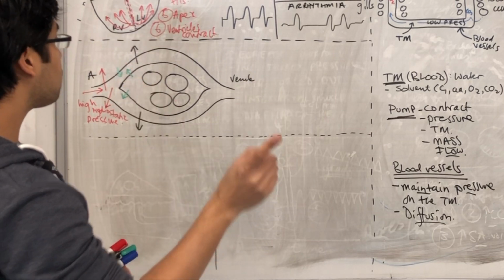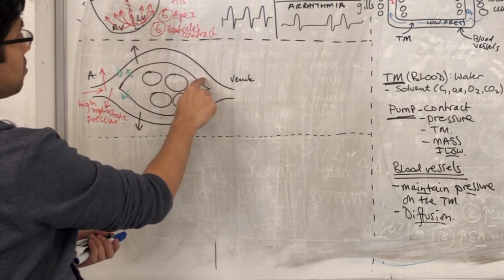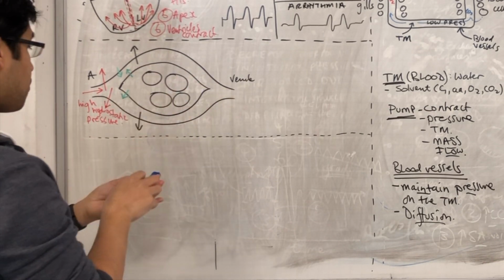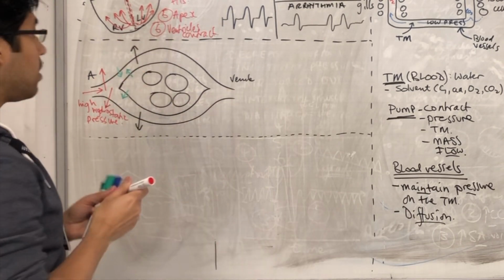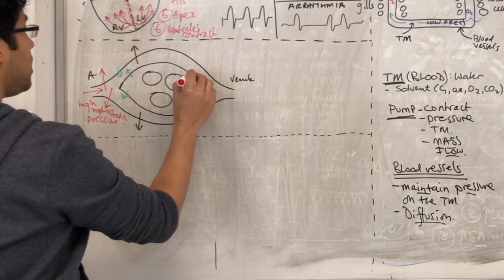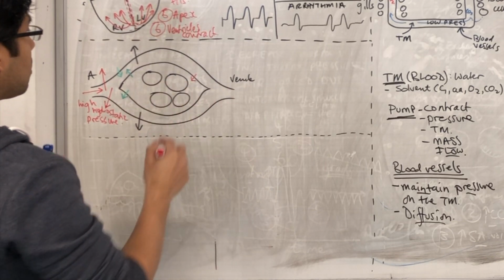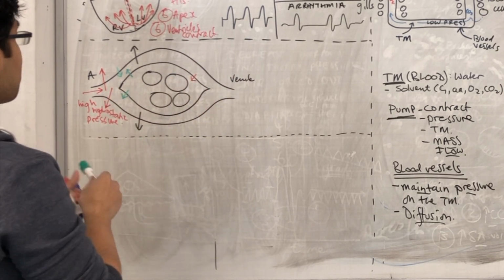The good thing is that by the time the blood gets to the venule side, because of all the fluid that's left, the hydrostatic pressure is actually by now quite low. So yes, it's still there, right? But at this point, the oncotic pressure, which maybe I'll just draw a little bit bigger.